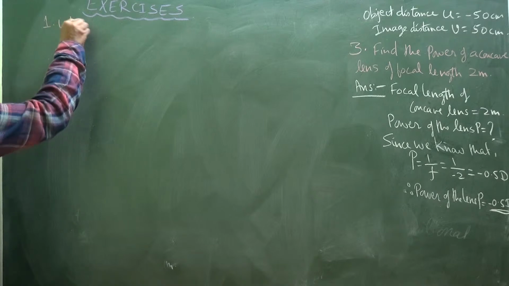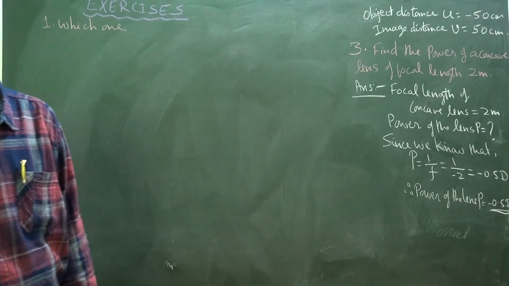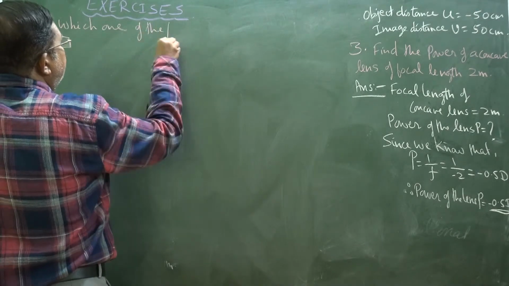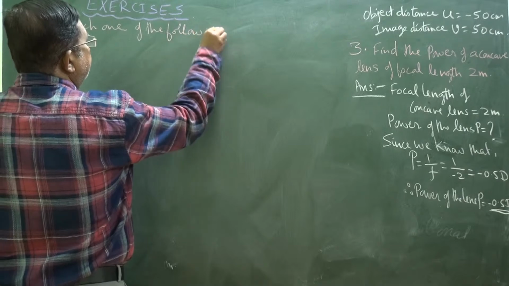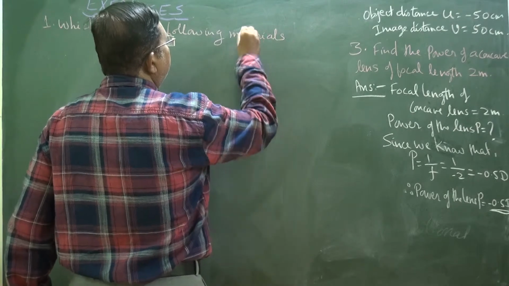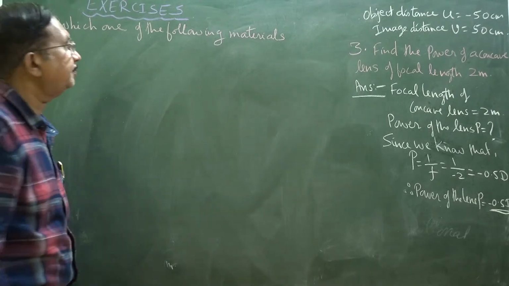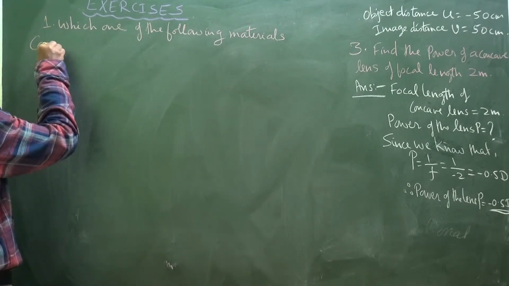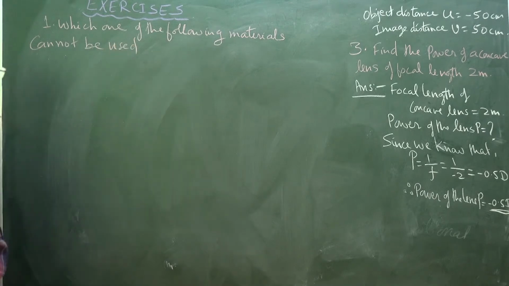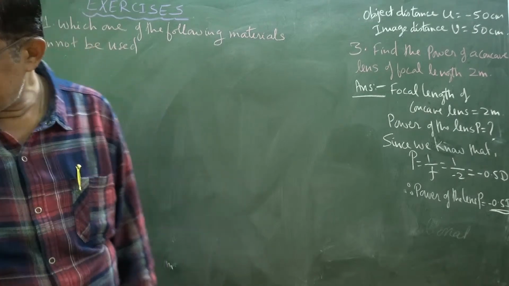Which one of the following materials cannot be used to make a lens?